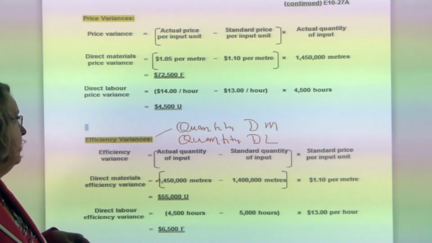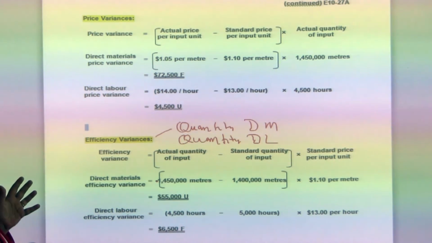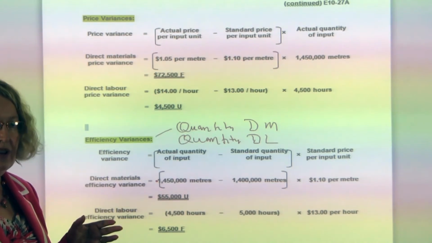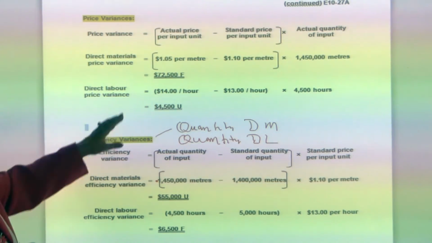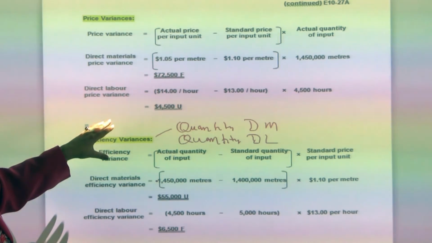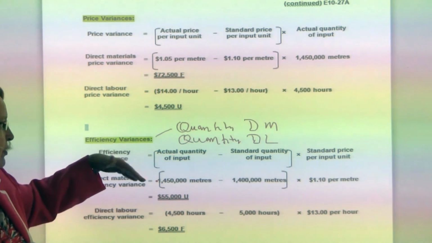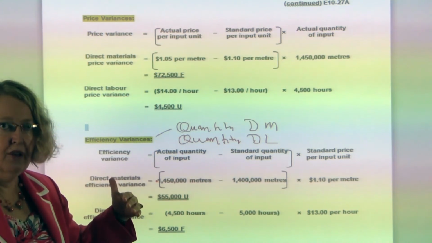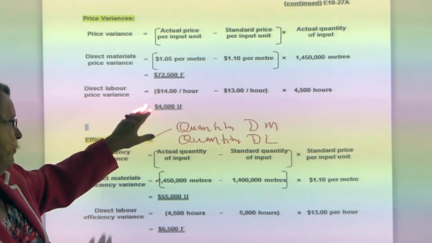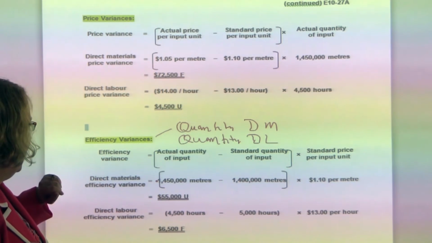What appears to have happened here is that you're using a cheaper material because your cost per meter is $1.05. Combined with that, you probably are using a higher or more qualified person because the wage increased from $13 to $14 an hour.